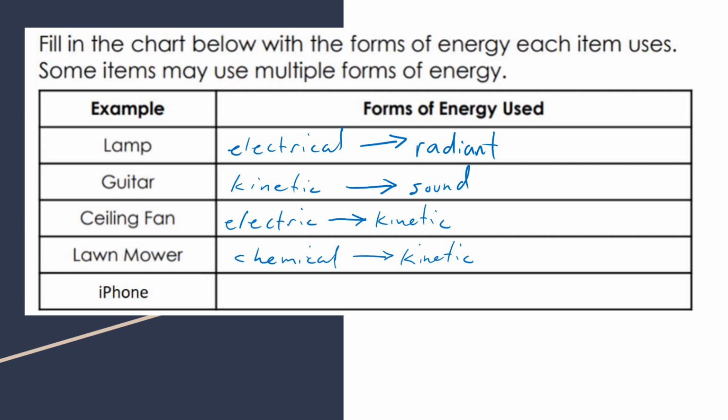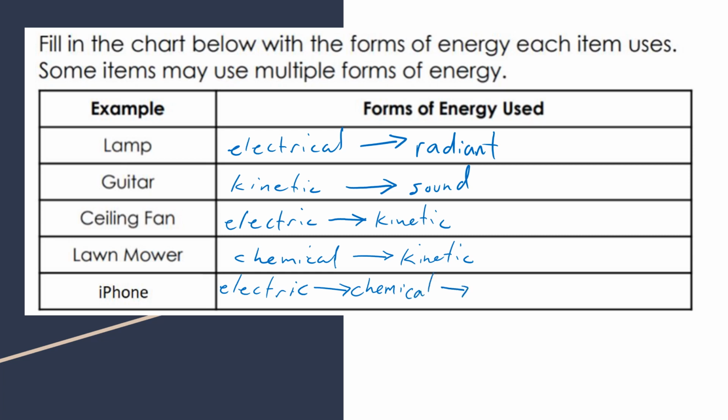So first of all, you use electric energy to charge your phone. The charge is stored in the battery, which is actually using chemical energy. So a battery is using chemicals to store electricity.